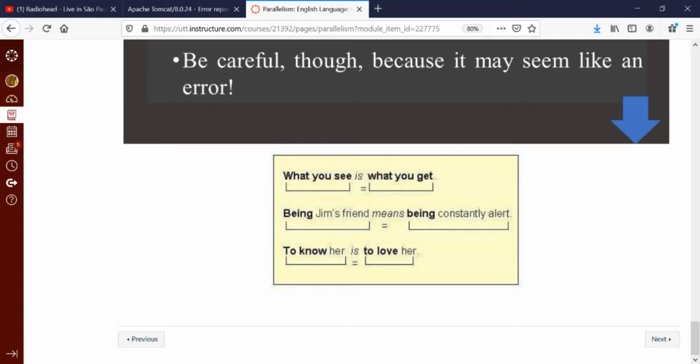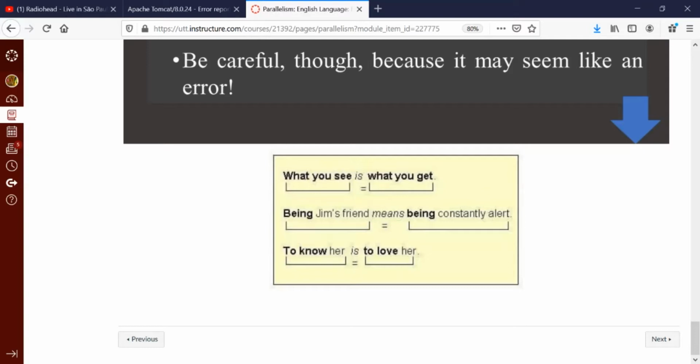Now, if you break it down even further, we have a gerund, being; Jim's, a possessive noun acting as an adjective; and friend, a noun.